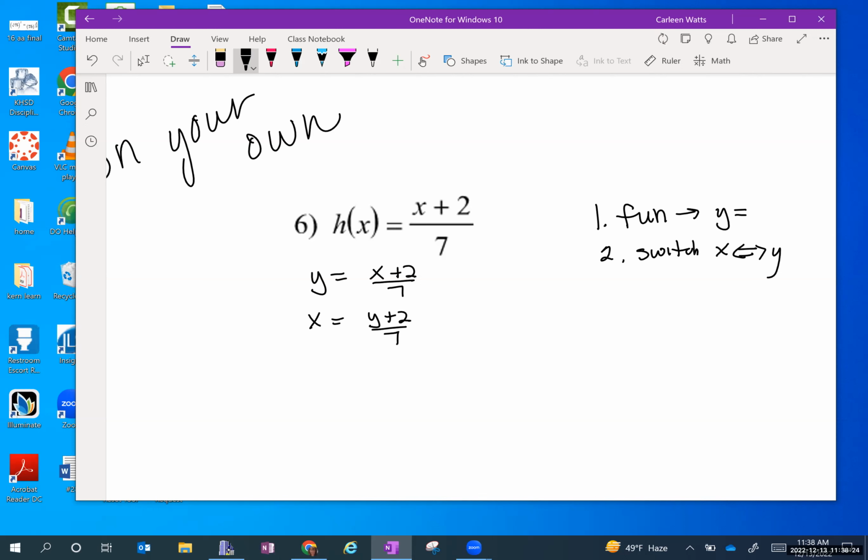Correct. Okay. Now we're going to solve for y. So correct, we're going to multiply by 7. 7x is equal to, what do we get on the right? Correct, these cancel.